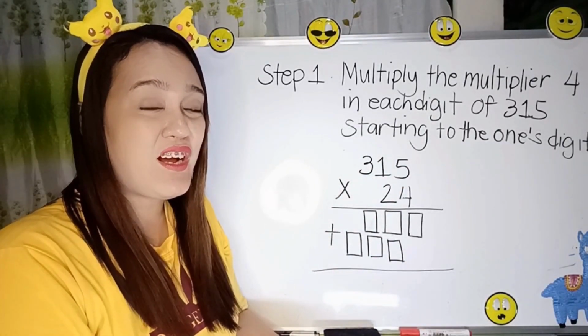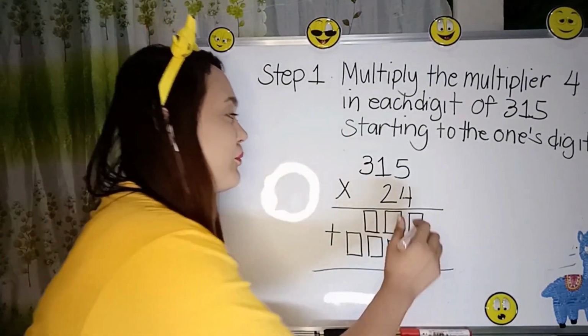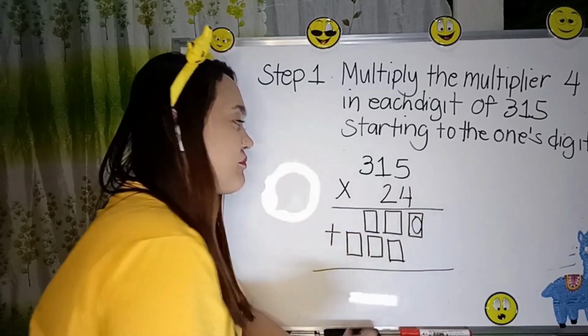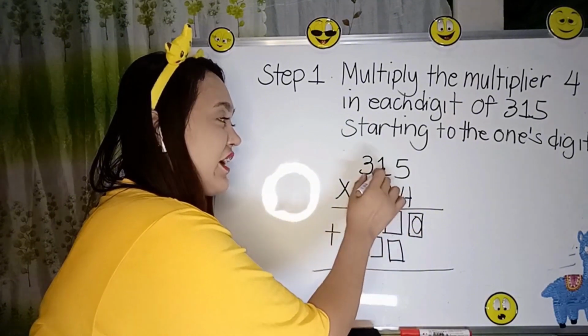Since our product has 2-digit number, we need to put 0 here in the ones digit, then add 2 to the product of 4 and 1.